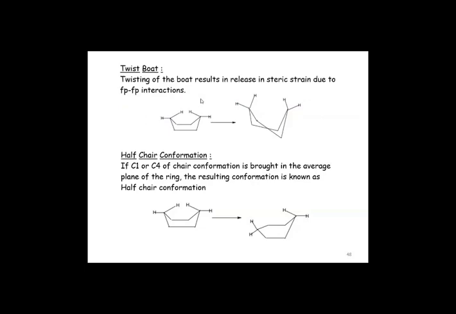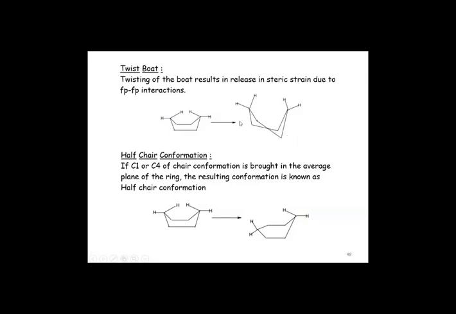Apart from boat and chair conformation, we can also see some other conformations possible with cyclohexane. The next possible conformation is the twist boat conformation. Here we can see the boat conformation, which is twisted somewhat to get a conformation like this.